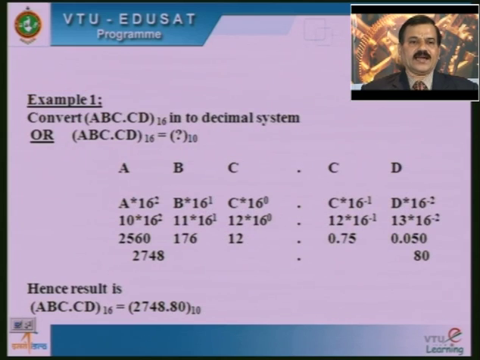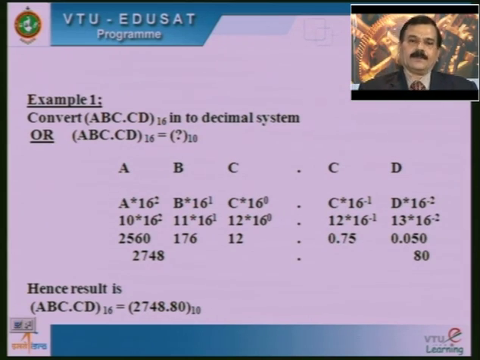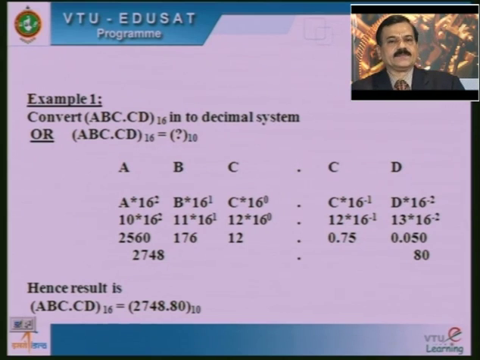Let us take an example of how to convert the given hexadecimal number into a decimal number. The given number in hexadecimal is ABC point CD base 16, and it should be converted into a decimal number. According to the procedure explained already, take the number ABC dot CD as shown.